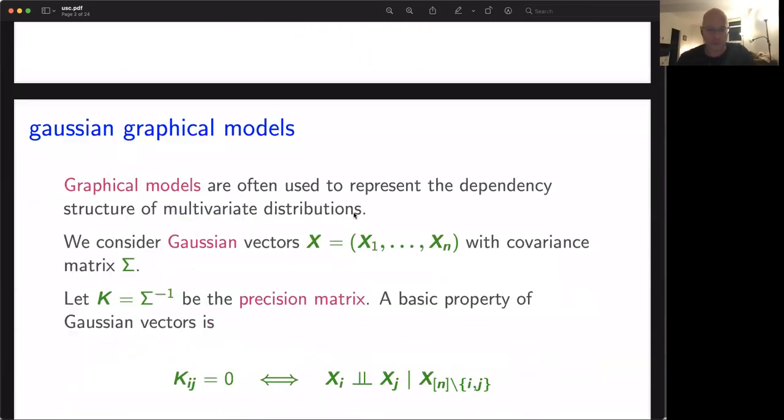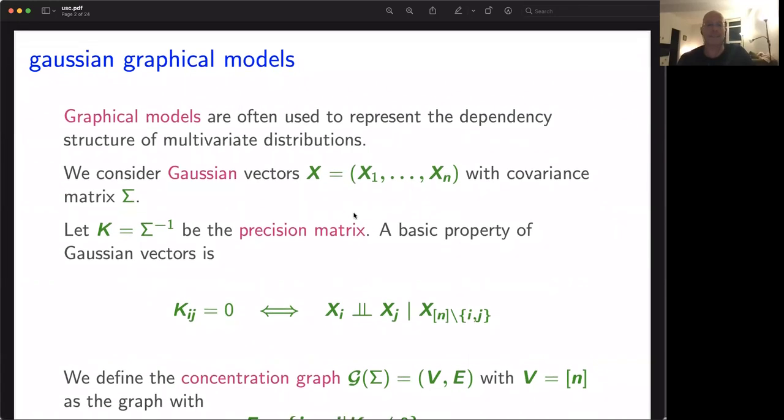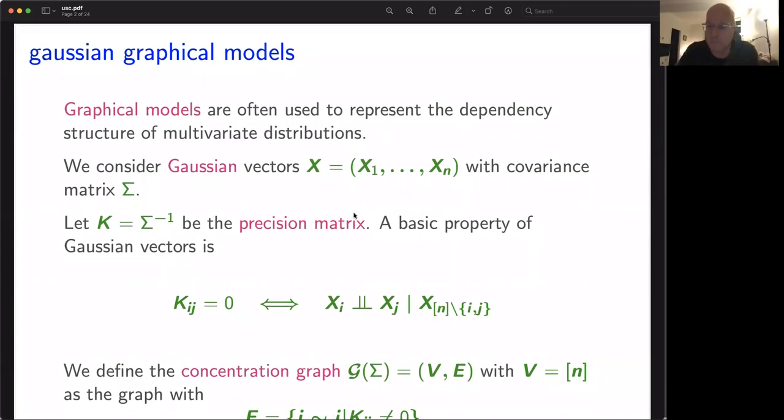Okay, so the motivation is Gaussian graphical models. I will tell you what this is and where the motivation comes from, but the mathematical problem we ended up solving is motivated by this, but it has nothing to do with Gaussian vectors and stuff like that. I will explain what I mean by this.